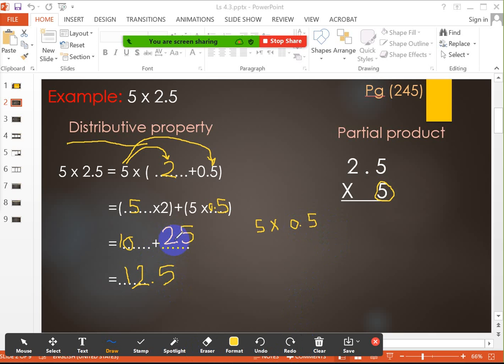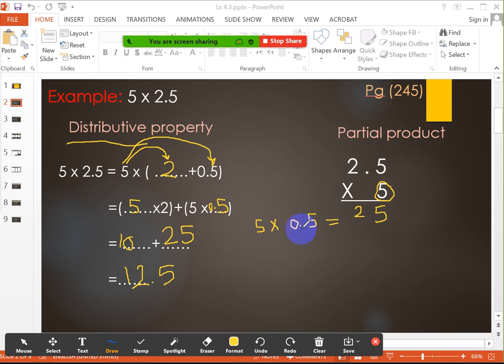As I said right here, how we multiply a whole number with a decimal number. I told you, I think last week, I talked about this. You have to multiply 5 with the number 5, then you will put the decimal point. That means 5 multiply 5 equals 25, right? 25. This is the answer for this multiplication.